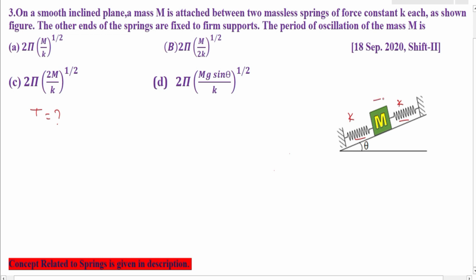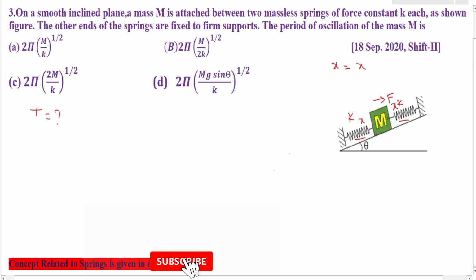Let me assume that I applied a force F on this system towards this direction. Then this spring will compress by an amount of x. Parallelly, this spring will elongate by an amount of x. That is, the compression in one spring is equal to the elongation in the other spring. That is one point.